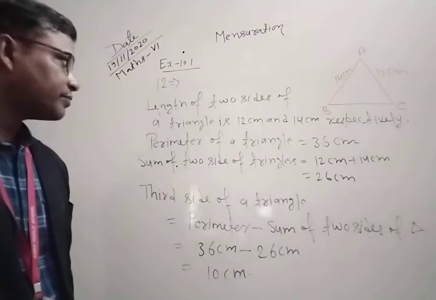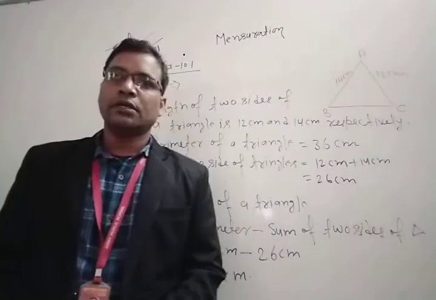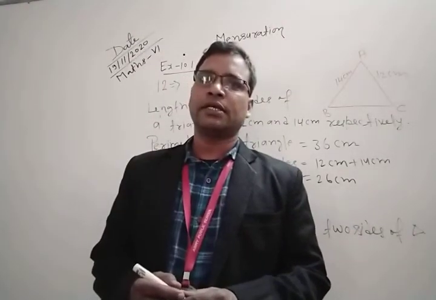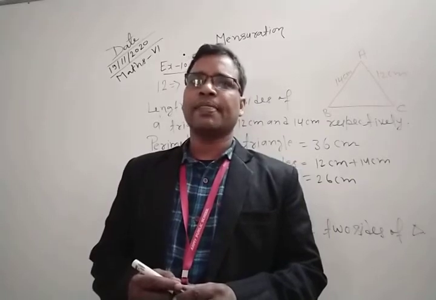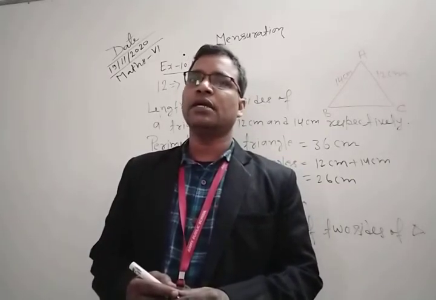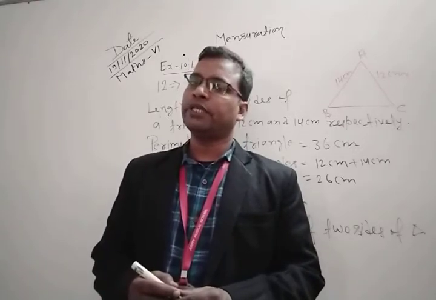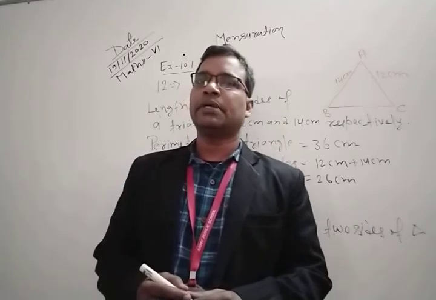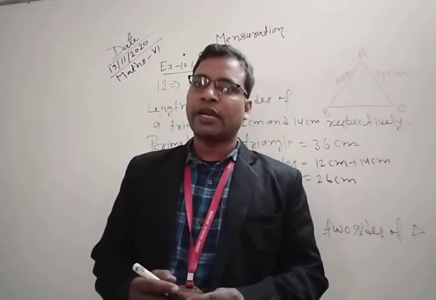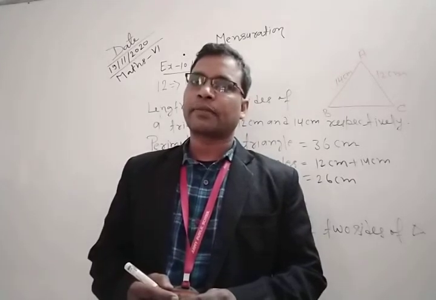Question number 13. So what is question number 13? Find the cost of fencing a square park outside, with side 250 meters, at the rate of 20 rupees per meter. Okay. So here the shape is a square park and the side is given here, 250 meters.